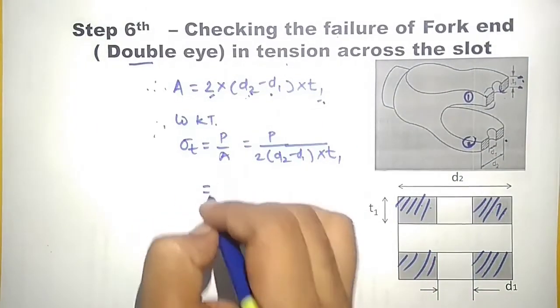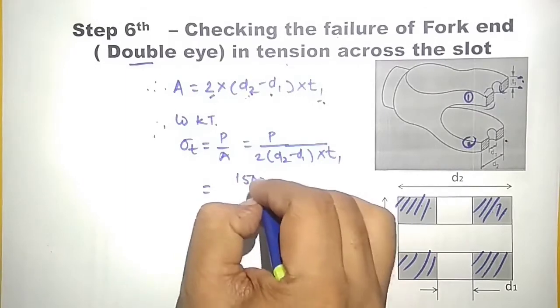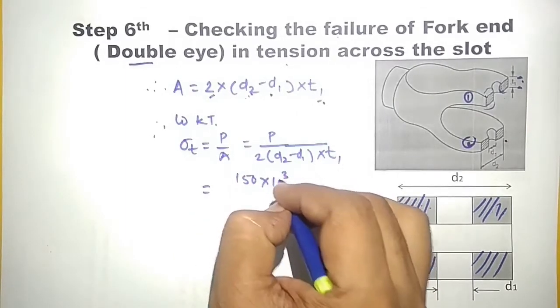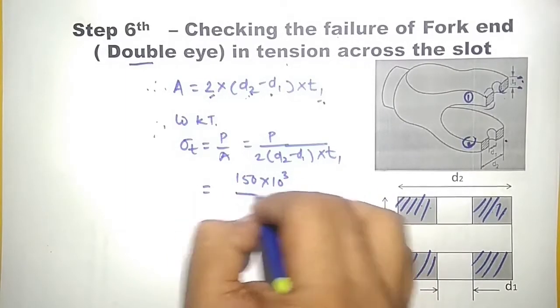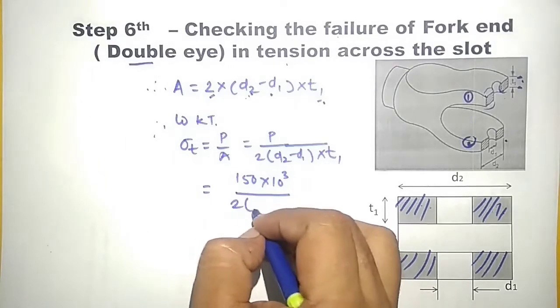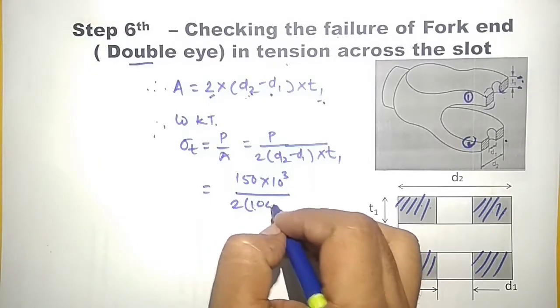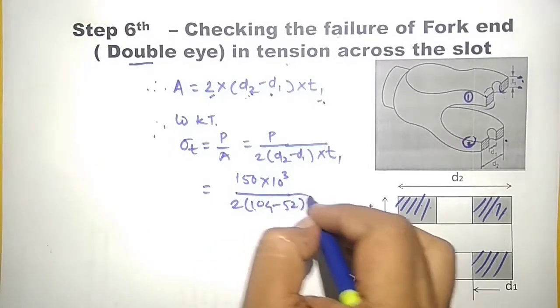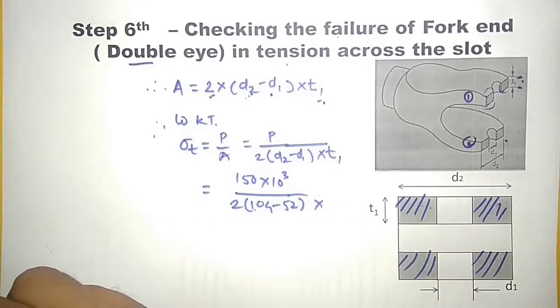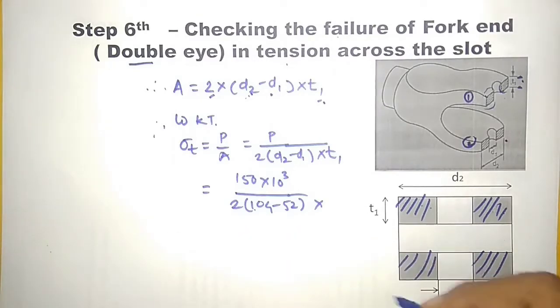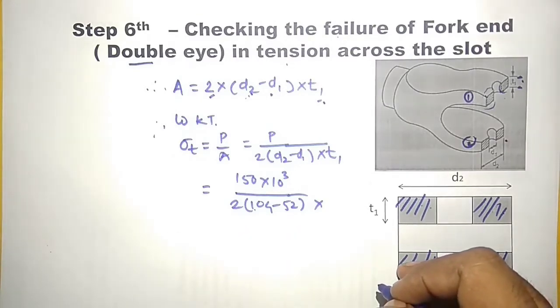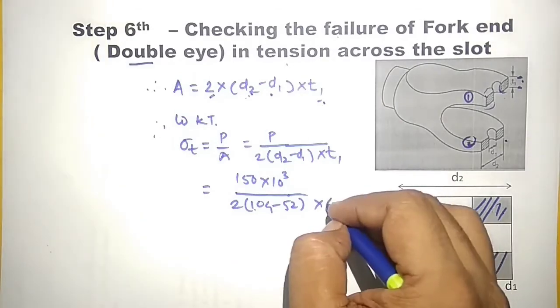Put the values: P is 150 Newton, 2 into (D2 which is 104 minus D1 which is 52) into T1. The value of T1 is 40.